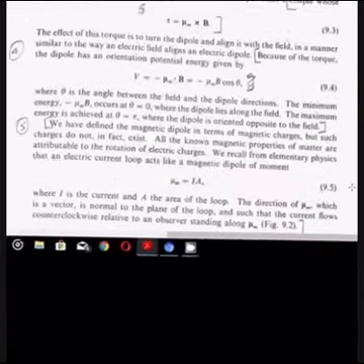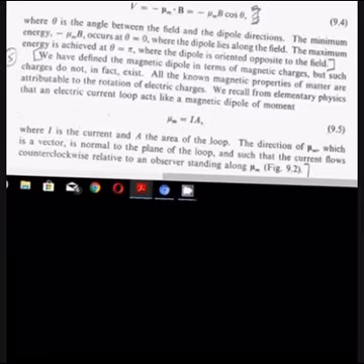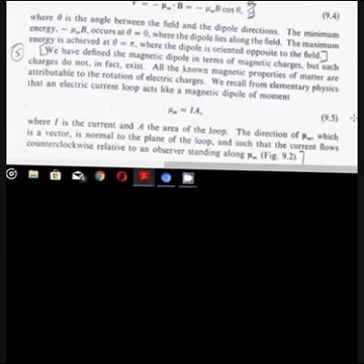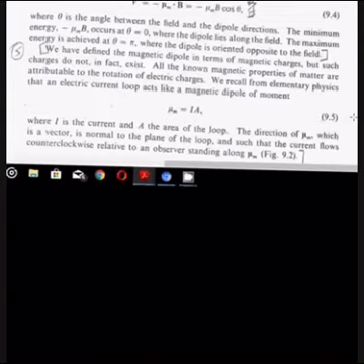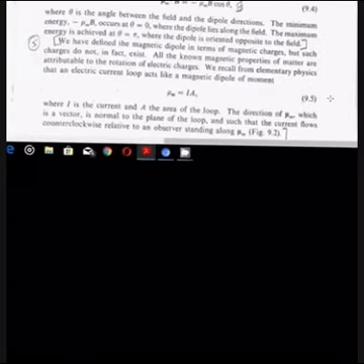redefines the magnetic moment as equal to I into A, where I is the circulating current in the loop and A is the area of the loop.